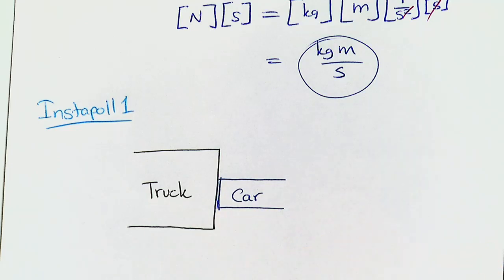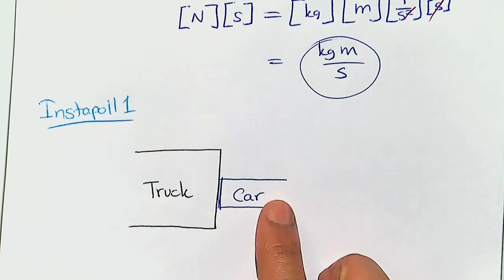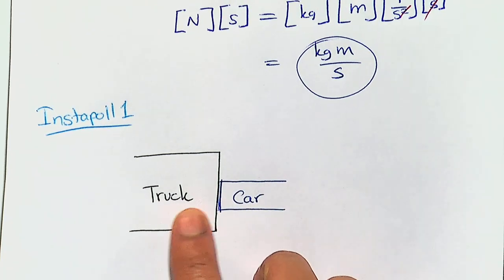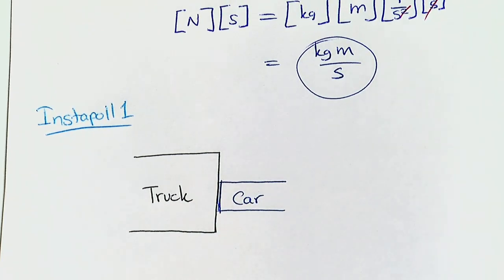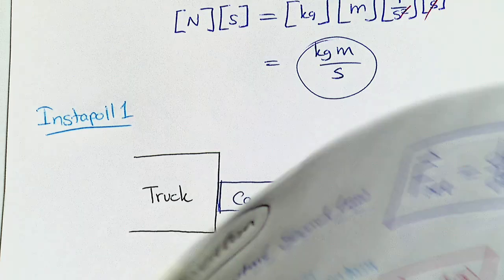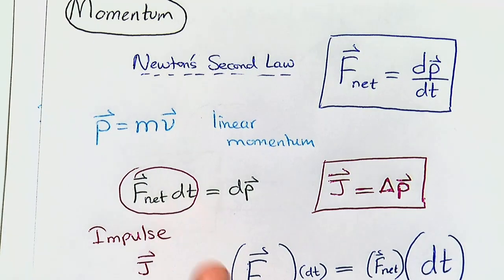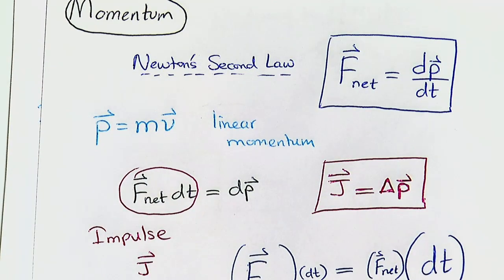Take a tennis ball and throw it against the wall, right? It's kind of like that. If there's a collision between two objects, they're in contact with each other the same amount of time, right? The car in contact with the truck and the truck in contact with the car. The collision process takes the same time for both things, right? So in terms of impulse, the time period isn't different, right?